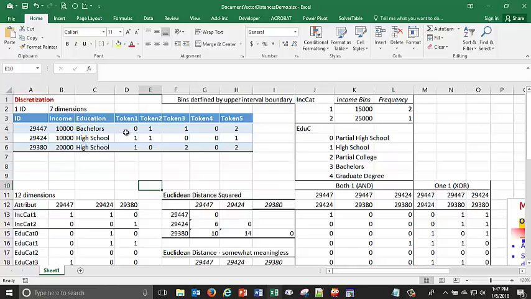So we extend the text mining procedure that we talked about in the last set of slides, which resulted in a term document matrix, with other variables. And the question is, how do we measure the distance, quote unquote, between these three observations.